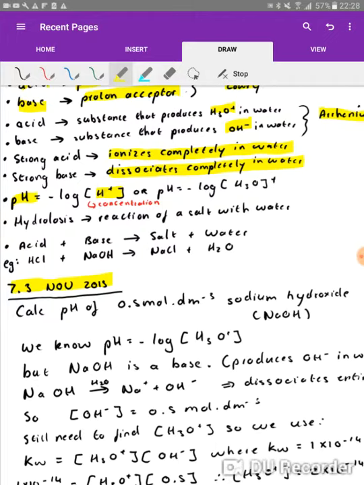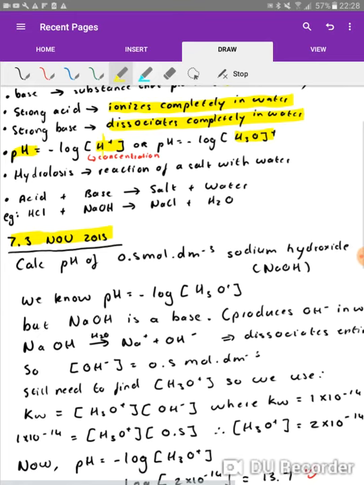So we just plug that into this formula as the concentration. Note the square brackets mean concentration, and H plus and H3O plus are the same thing, hydronium ions.